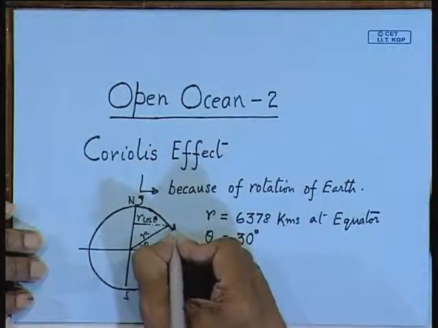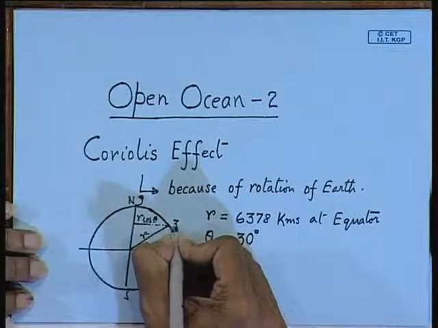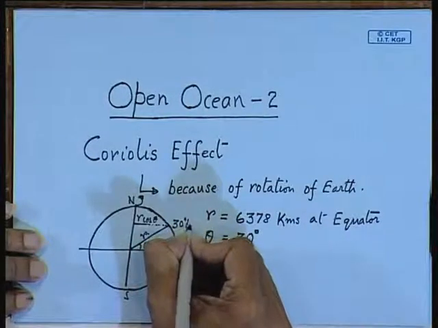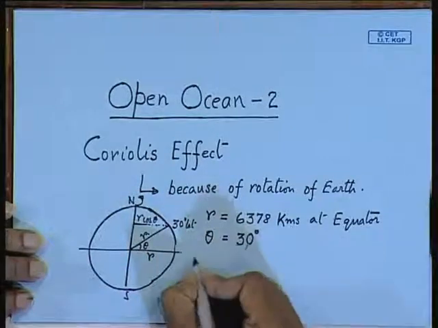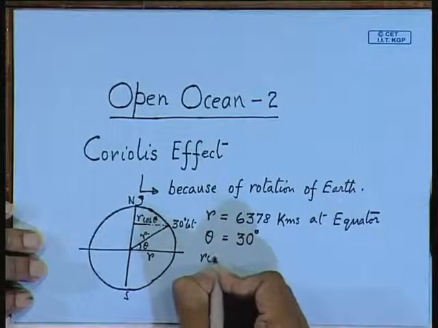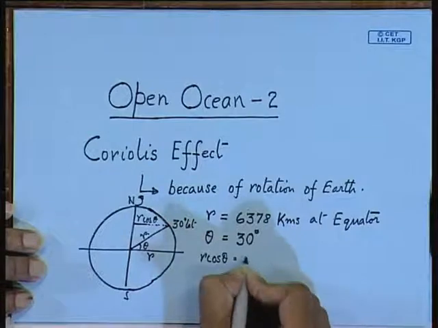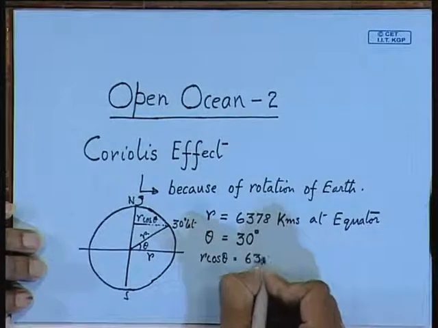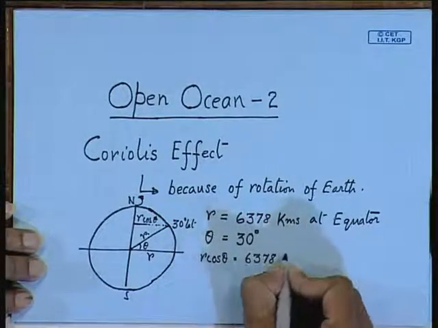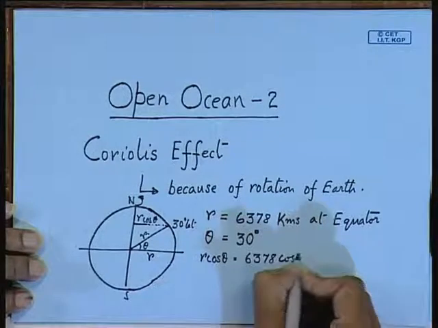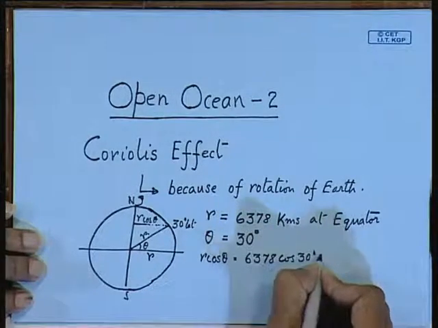So, 30 degree latitude. So, radius is r cos theta. So, this is 6378 and cos 30 degree, find out. So, this is 0.866.